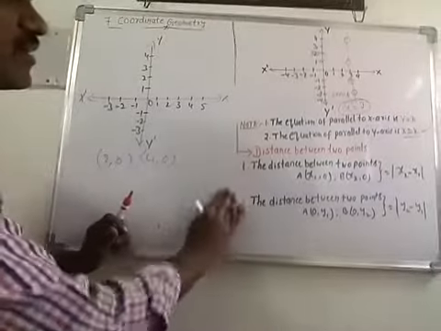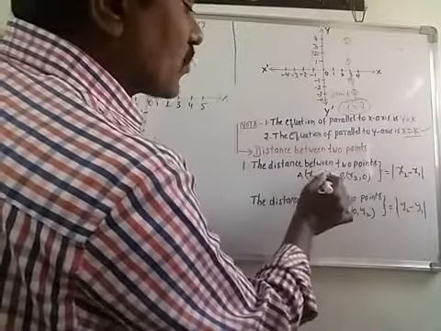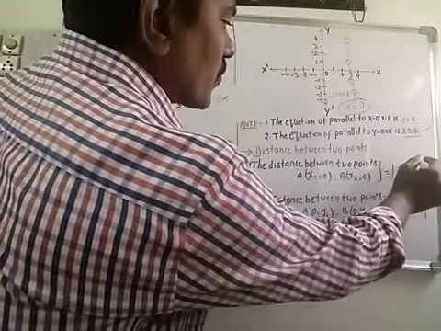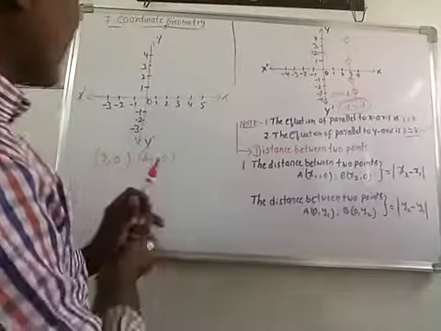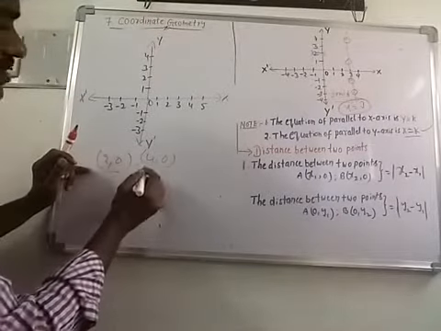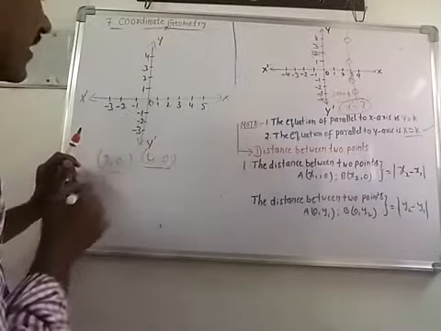Now the distance between 2 points A (x1, 0) and B (x2, 0) is the modulus of x2 minus x1. For example, what is the distance between (2, 0) and (4, 0)? These points are plotted on a Cartesian plane.